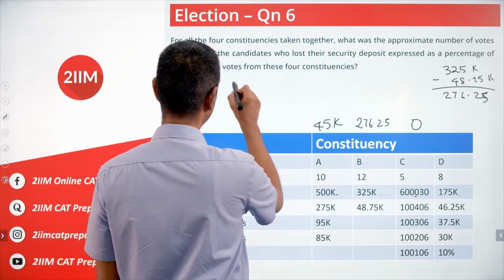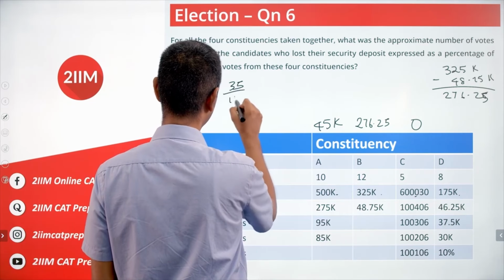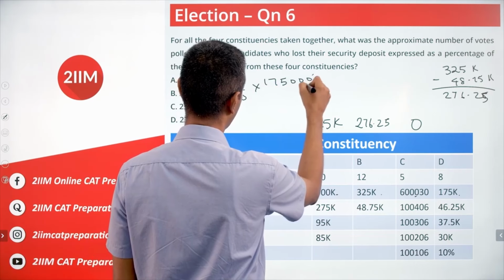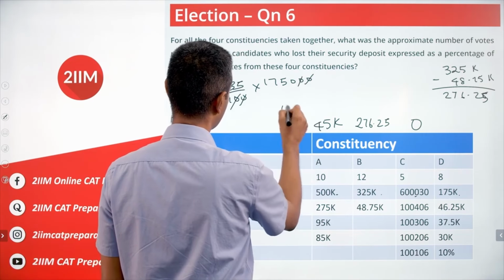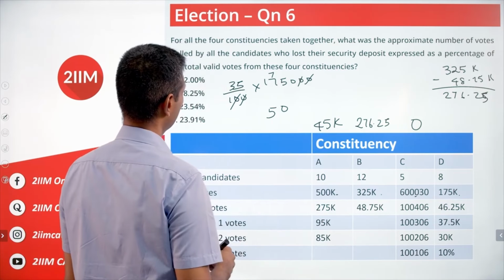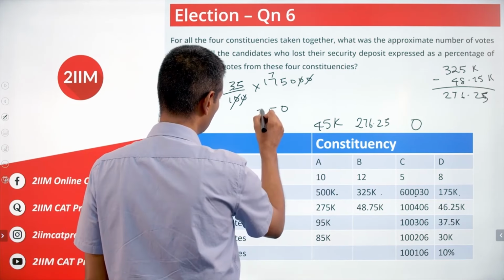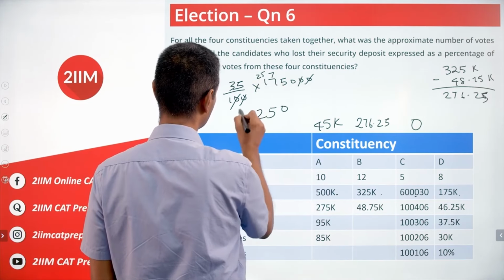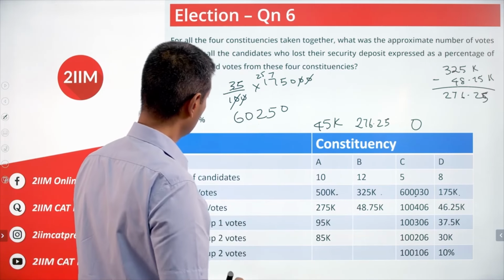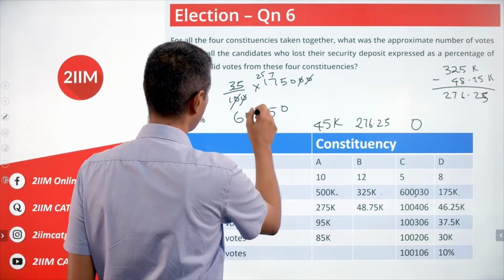I have to find the number. So 35 by 100 times 175,000. 35 5s are 175, 35 7s are 245, 252, 225, 60.25K.